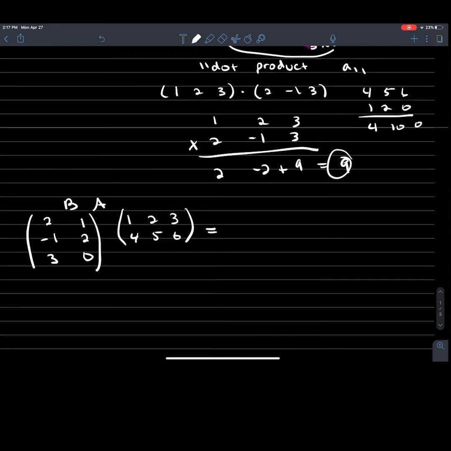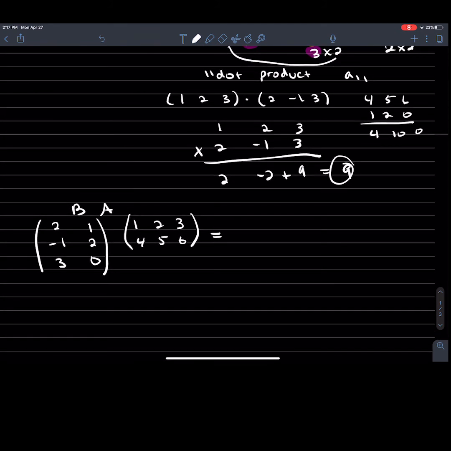B is 3 rows by 2 columns, and A is 2 rows by 3 columns. Let me put them next to each other. We're allowed to multiply because the inner ones are the same, and the outer ones give the size. So we're going to get a 3 by 3.